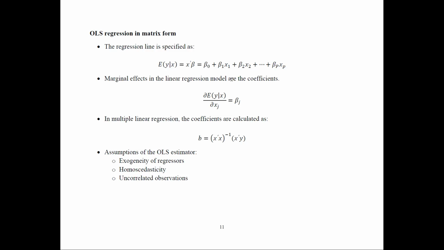And if we take derivatives of this expression, say with respect to xj, so we would have dE of y over dxj. If we take, say, a derivative with respect to x2, that would be exactly the coefficient b2. So in this case it would be bj if we take the derivative with respect to xj.